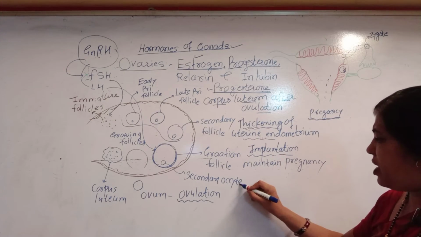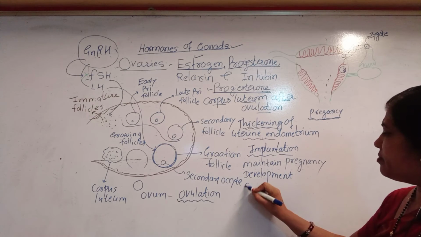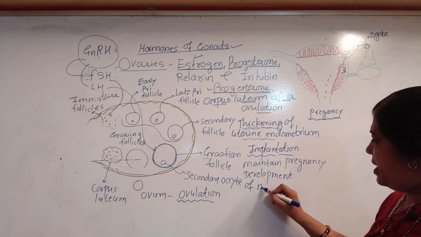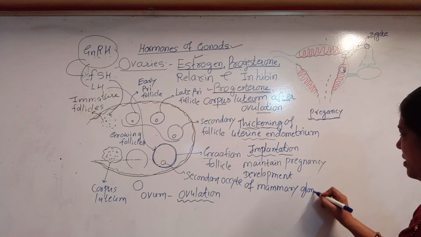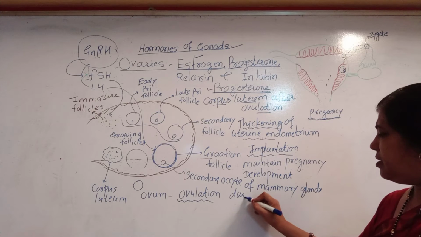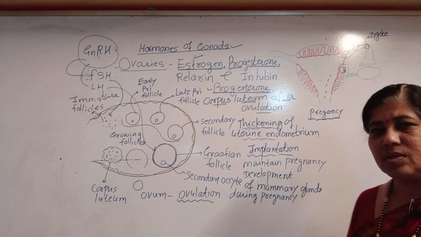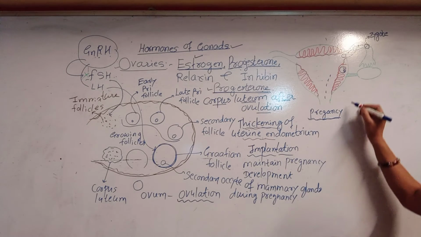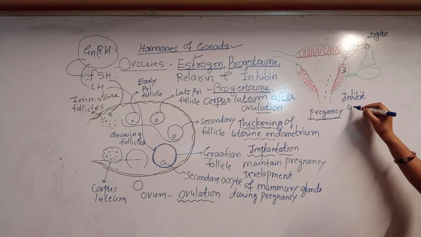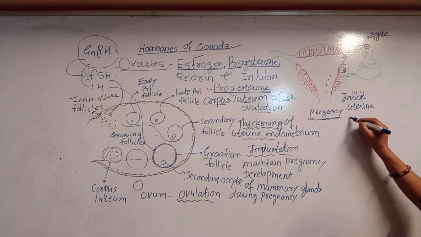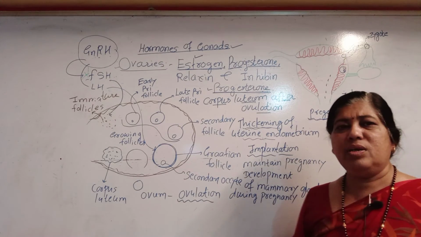Progesterone is responsible for growth and development of mammary glands during pregnancy. Progesterone also inhibits uterine contraction, and that's why progesterone maintains pregnancy.